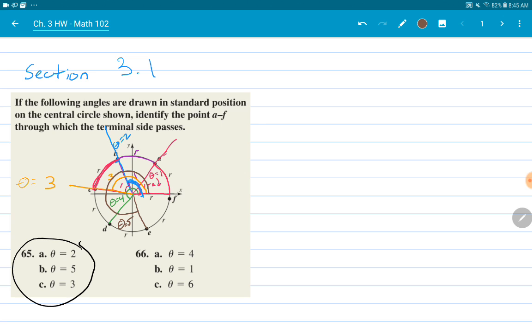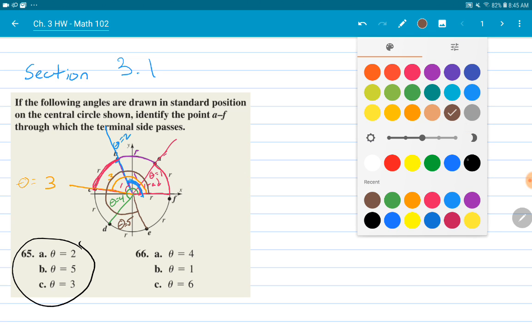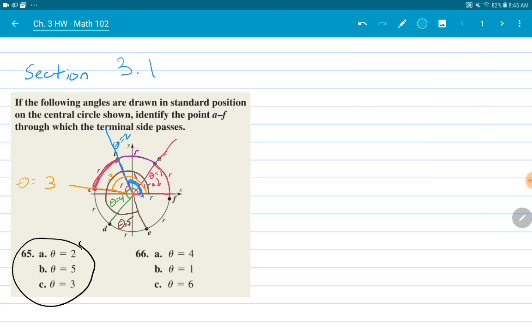Actually, I'm just going to go ahead and finish the letters since we already did 5 of them. I'll do light blue. And then I have this last letter F, starting at standard position, going all the way around, is 6 radians. So the terminal side of F is on an angle of 6 radians.